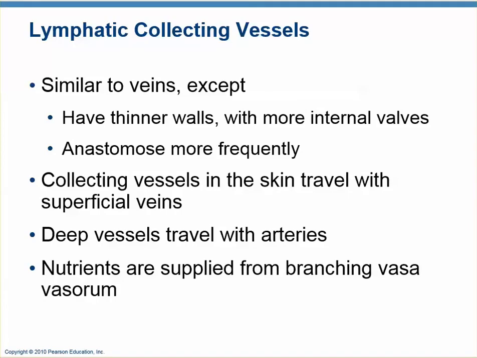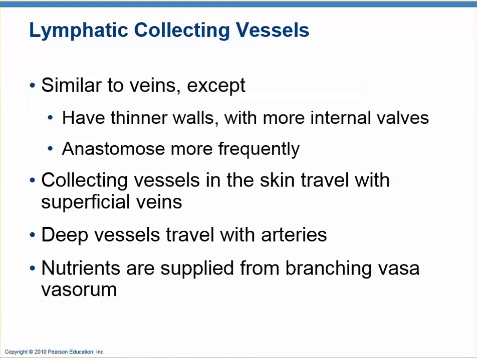The collecting vessels are virtually identical to veins, except they have thinner walls, and the flow through them is much slower, so there are way more valves than in veins.